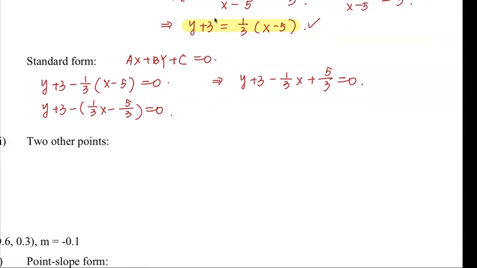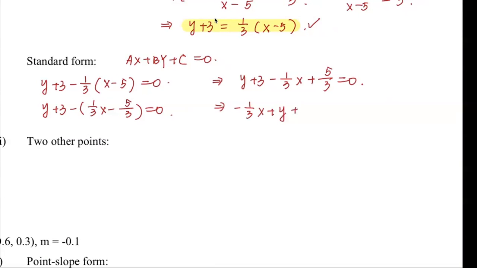Okay, now we move the x term to the front. This gives us minus 1 over 3x plus y, and we combine the constants, right? So 3 is equal to 9 over 3, right? 9 over 3 plus 5 over 3, that's 14 over 3.